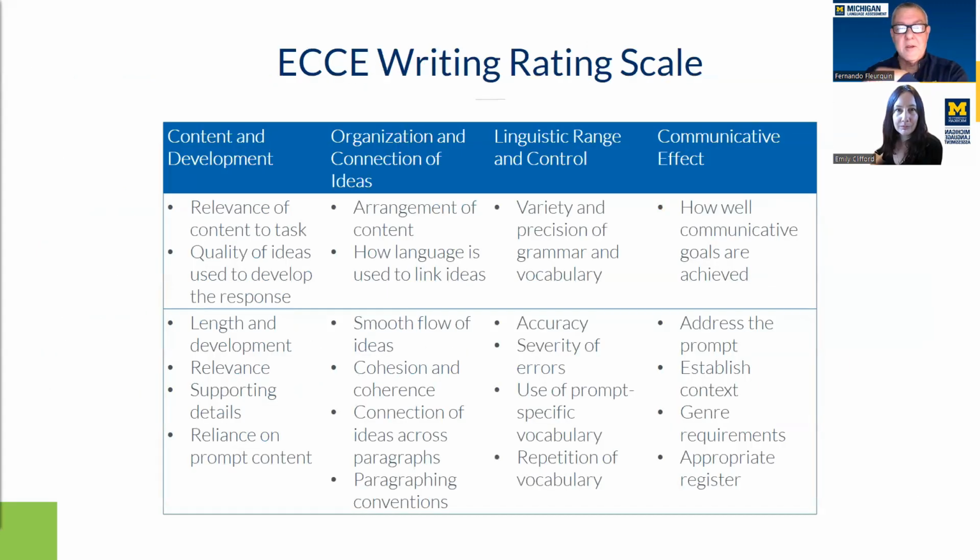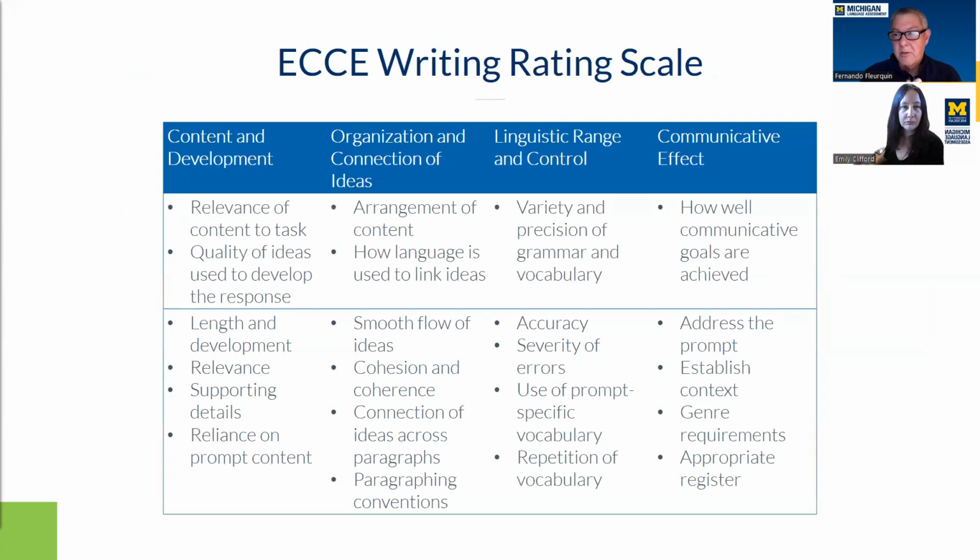So these are the main areas within the rating scale: content and development, organization and connection of ideas, linguistic range and control, and communicative effect. We'll look a little more in detail on each of these categories, but you can see what is included under each of those areas. Content and development, they have to respond to the task.